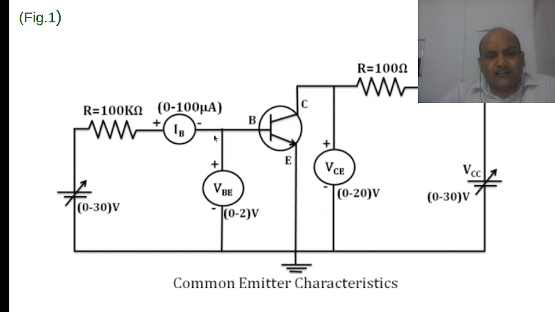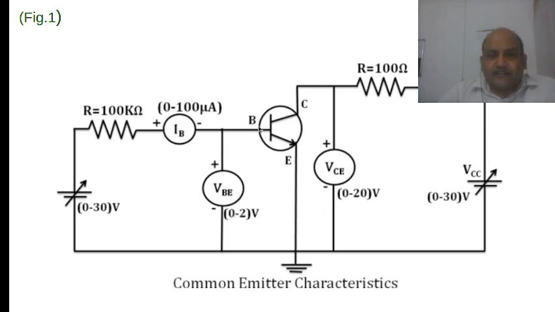This is because when the emitter is shorted you will get a maximum voltage of 0.7 volt, so there is no need for a range of 0 to 10 volt. That's why it is 0 to 2 volt.